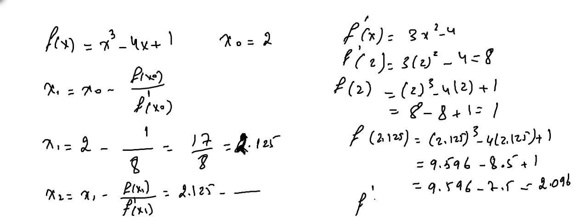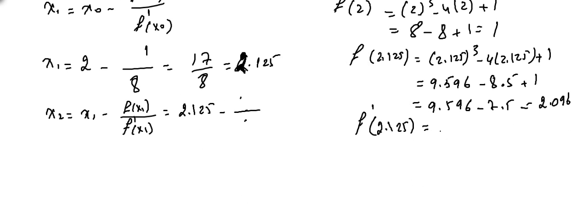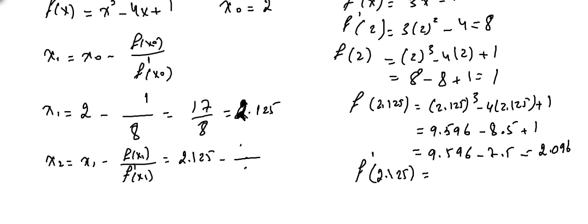Okay, f prime of this value, 2.125, is the same thing, and we put the numbers here to find x2. I can't continue this because of time, and it's just a matter of calculations, so I will not repeat this. The derivative is 3x squared minus 4.